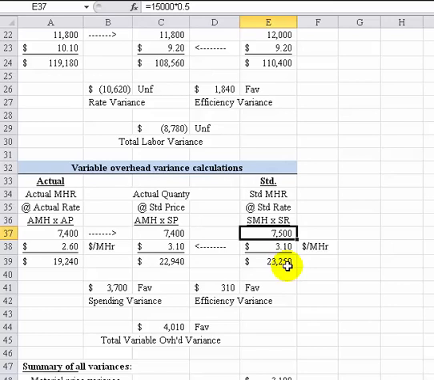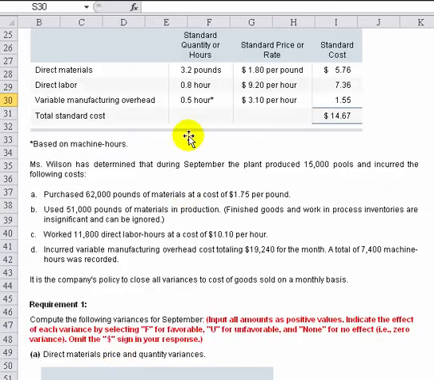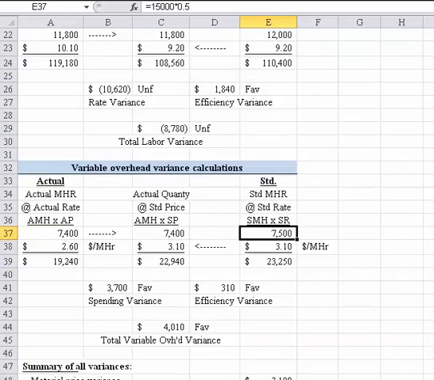Now over on the standard side, keep in mind we're making 15,000 pools, and we've got to multiply that by some value, and that value is given right here. Variable manufacturing overhead is 0.5 hours based on machine hours per pool. Since we're using machine hours, we take 15,000 pools times 0.5.